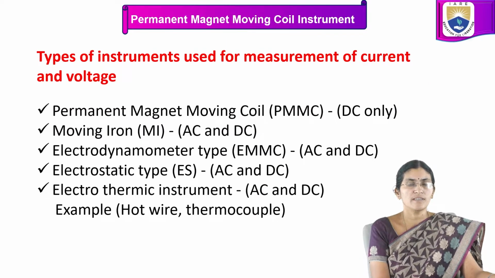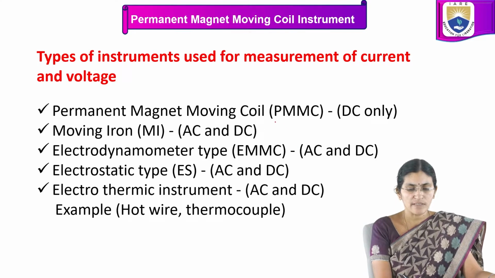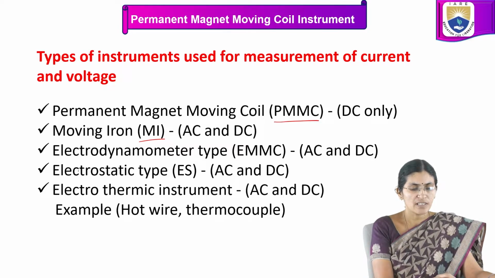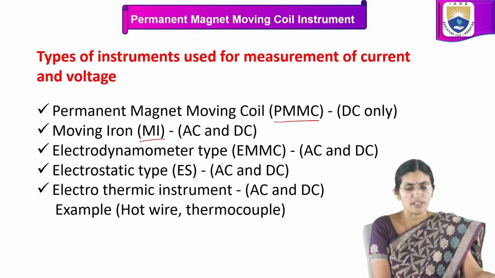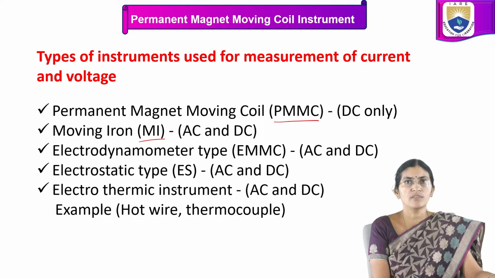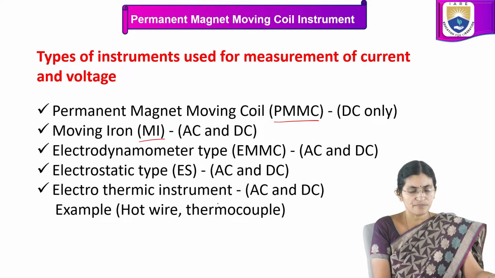The first among them is the permanent magnet moving coil instrument, abbreviated as PMMC instrument. The next one is the moving iron instrument, abbreviated as MI instrument. Next is the electrodynamometer type instrument. Next is the electrostatic type, ES. Next is the electrothermic instrument.